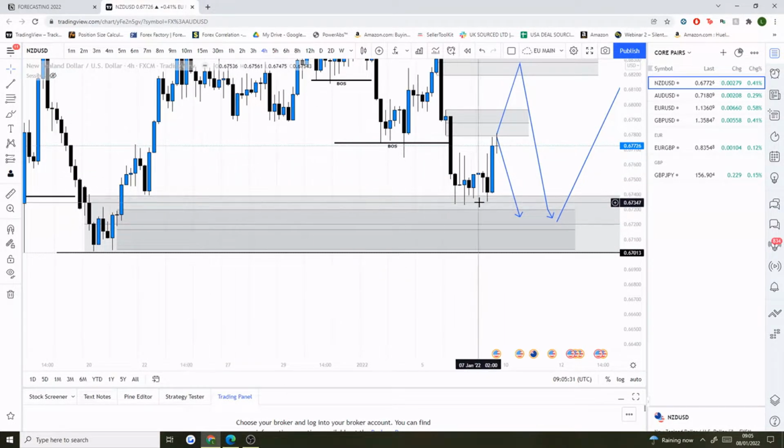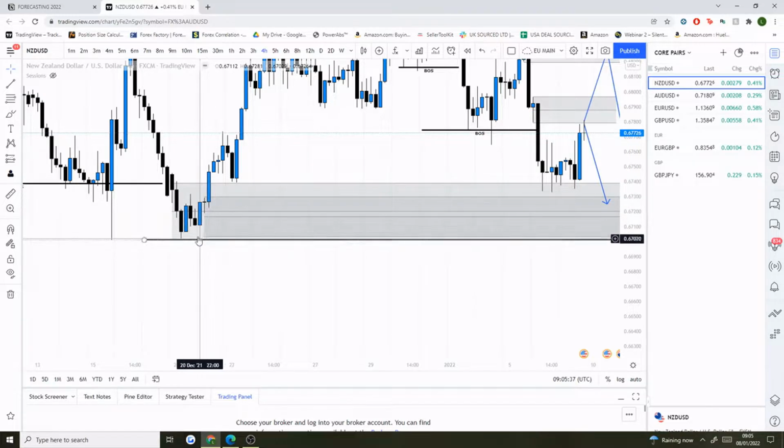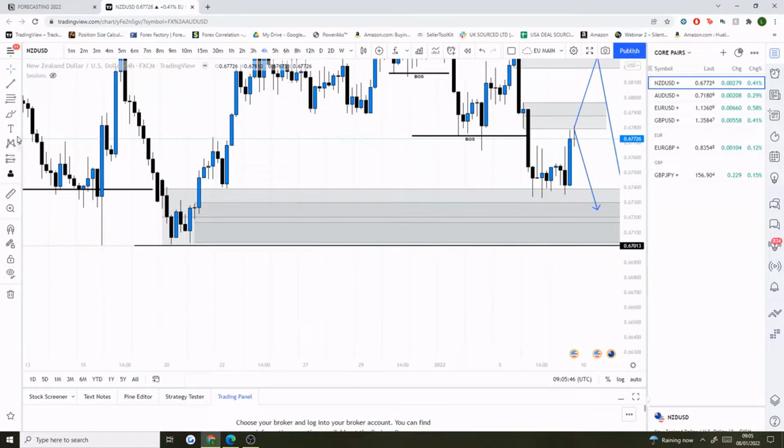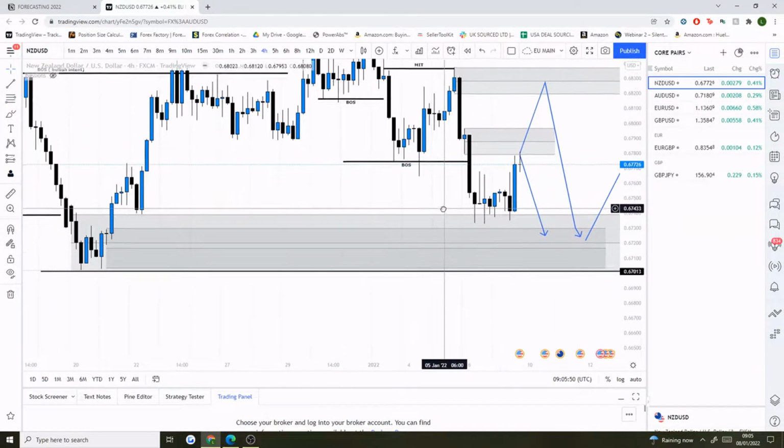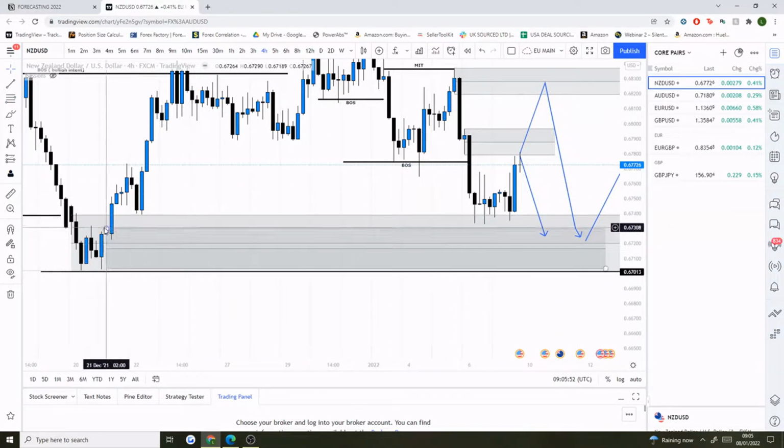What we can see is that we still haven't filled that imbalance, so this imbalance is still there. And what we've also got here is this wick at the low, this wick which grabs liquidity from these lows here. So for me personally, before expecting that buy, I'd rather see this imbalance filled, and I'd rather see price come into this area here, either within this candle or within this wick lower down.